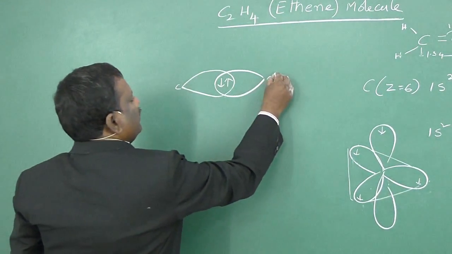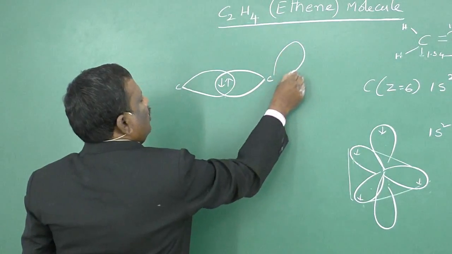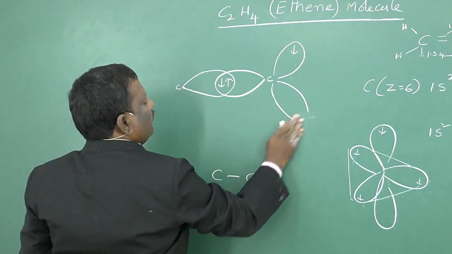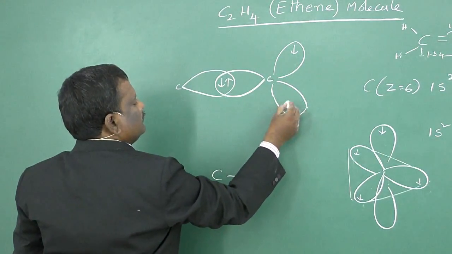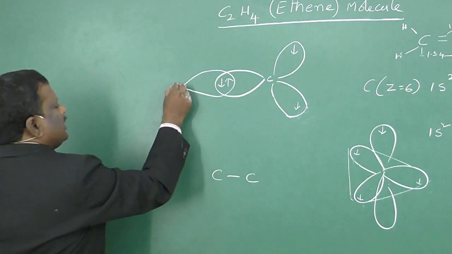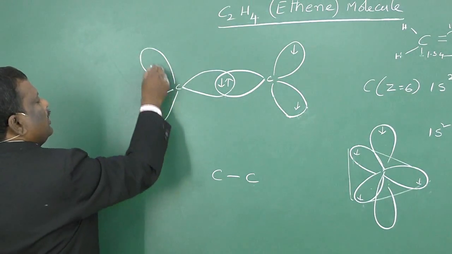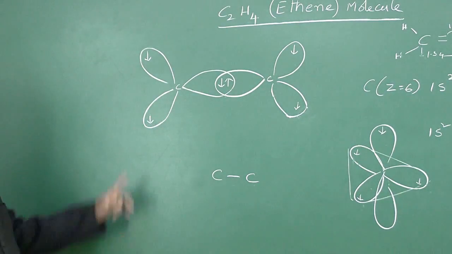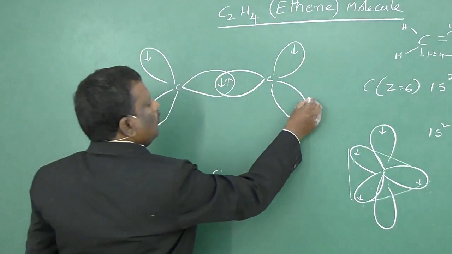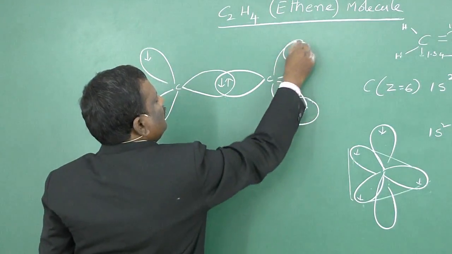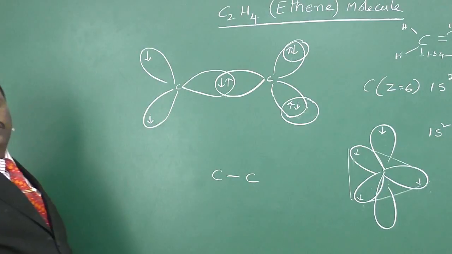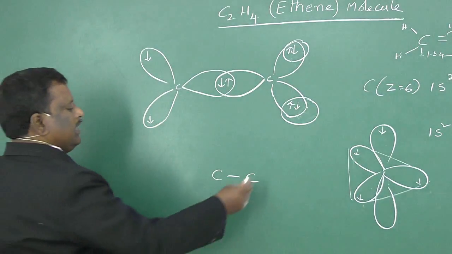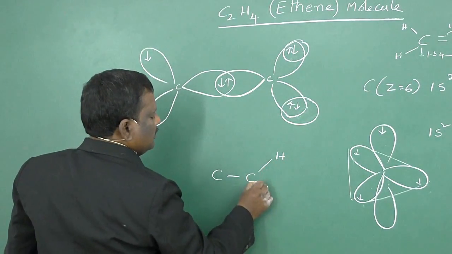Now in this carbon you have 2 more sp2 hybrid orbitals which are also half filled. And in this carbon you have 2 sp2 hybrid orbitals which are half filled. Now these half-filled sp2 hybrid orbitals overlap with the half-filled 1s orbital of hydrogen to form a C-H sigma bond.